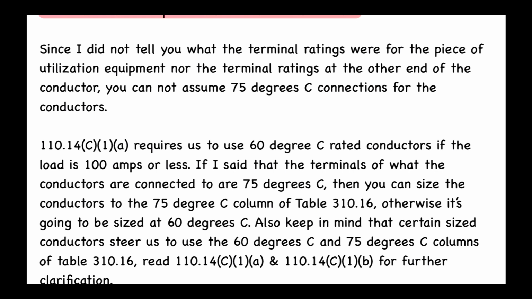You're going to know what's on both sides of that conductor. If one side has terminals that are rated for 75 degrees C, and on the other side, what it's connected to is only 60 degrees C, then you're going to be limited to the 60 degrees C. So be real careful about that, especially when you're taking an exam.